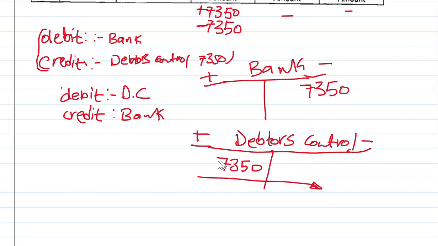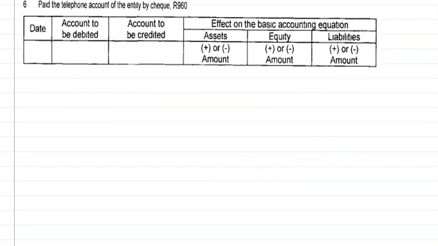So let's go to the next transaction. Okay, let's read this transaction. This one is very easy. Paid telephone account of the entity by check 960. So first of all, we're going to debit telephone.